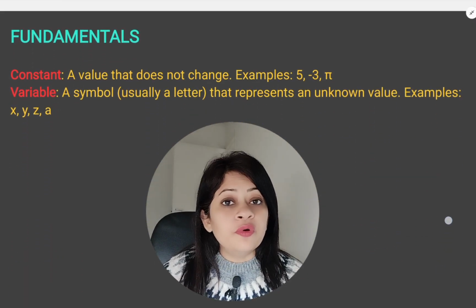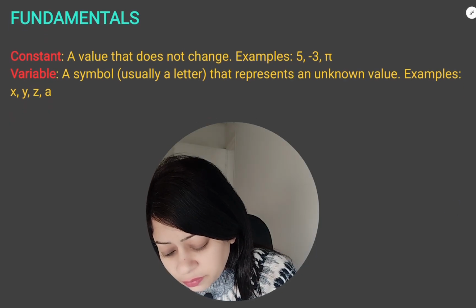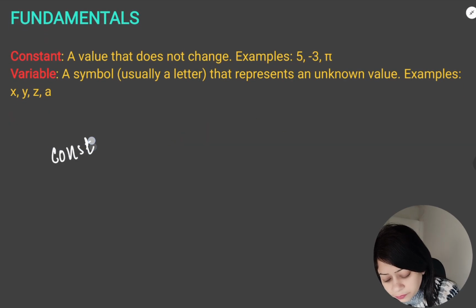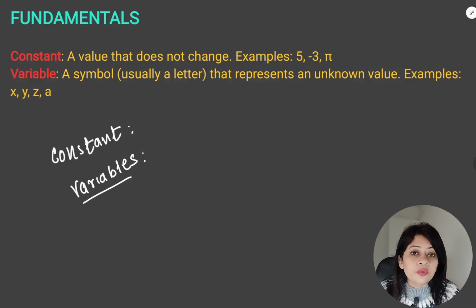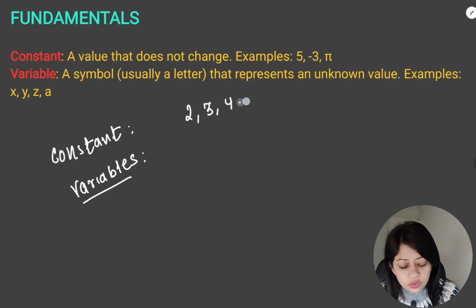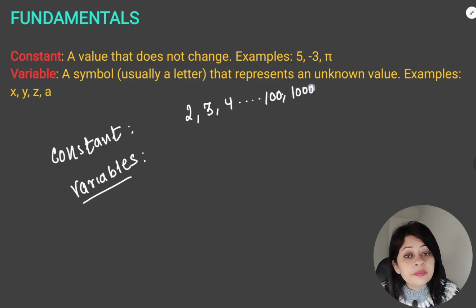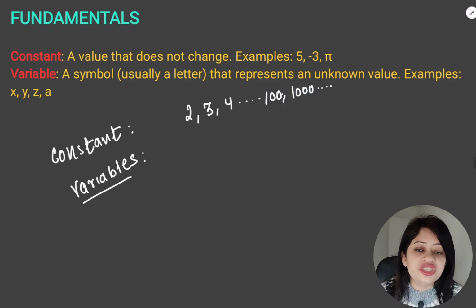very basic term called constants and variables. Though these terms like constant and variable look heavy, they are not. So now if I write some numbers here, 2, 3, 4, and so on, or any other number, like I write 100 or 1000, these are numbers that you cannot change.